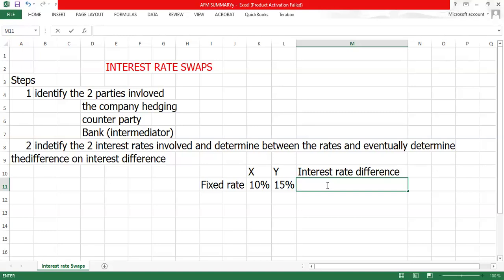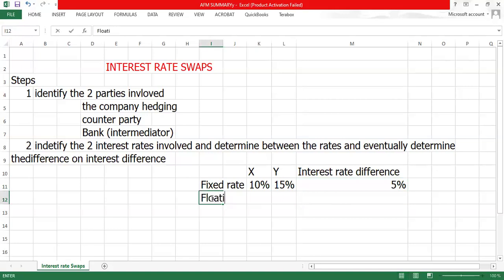Don't mind about saying that you have to put a negative or a positive. No. Here we'll always just capture the difference in absolute form. You don't need to say this is higher, this is less, so I have to put a negative. No, just look for the difference. So also identify the other rate, the floating rate.